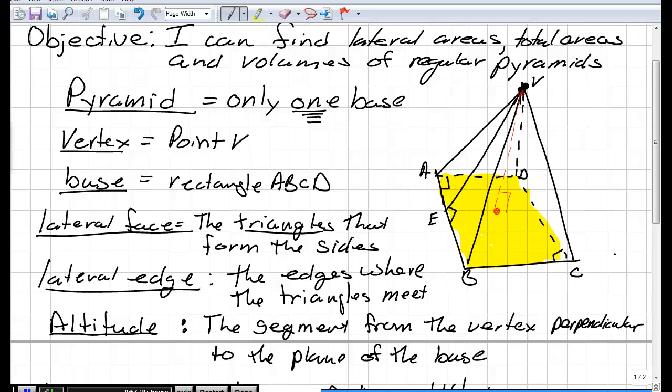The lateral edge is the edges or corners where the triangles meet. So this would be a lateral edge. The altitude is a segment from the vertex and perpendicular to the plane of the base, and so that would be this red segment right here.